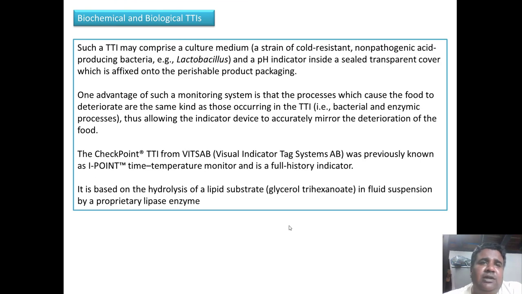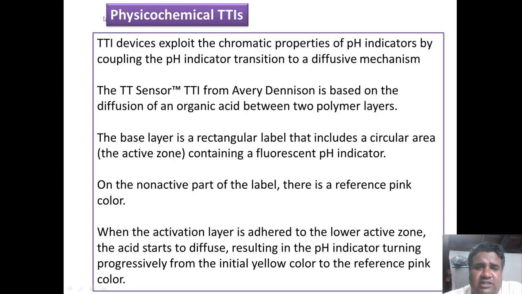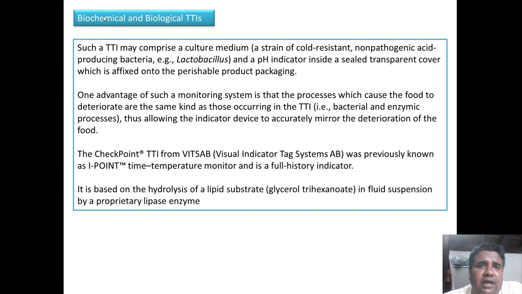In case of biochemical and biological TTI, the mechanism is the same as the physicochemical one, but the acid that we took in the previous case is now produced by microorganisms. Such a TTI may comprise a culture medium. So instead of taking an acid, we take a bacterial culture.